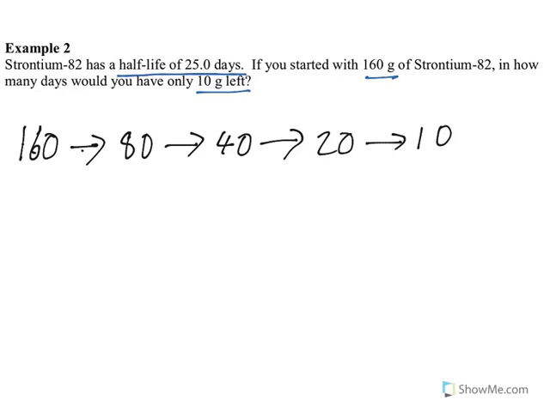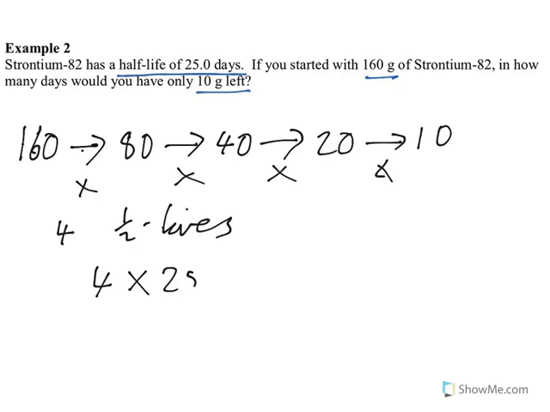When we count that up, there's 1, 2, 3, 4 half-lives. And if each half-life is 25 days, 4 times 25 equals 100 days. Again, just using that pattern rather than the formula.